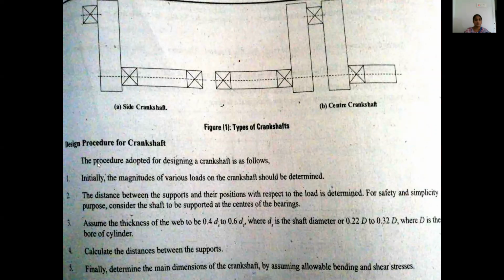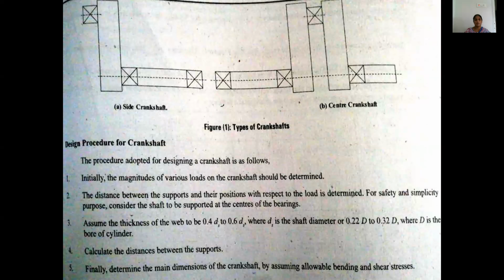Okay, next, the design procedure of the center crankshaft. The procedure adopted for designing a crankshaft is as follows. First, initially the magnitude of various loads on the crankshaft should be determined. Second, the distance between the support and the position with respect to the load is determined. For safety and simplicity, consider the shaft to be supported at the center of the bearing.